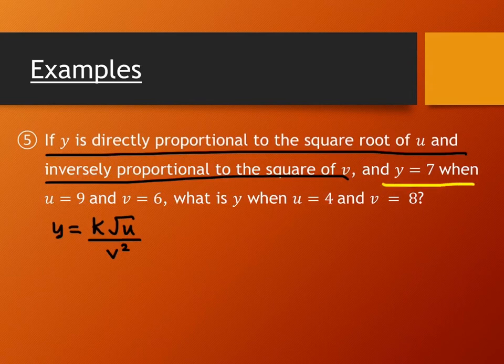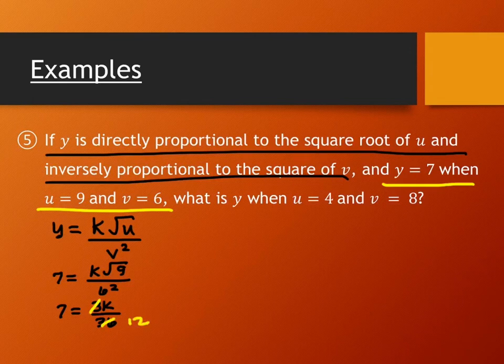Step 2 is to use the second piece of information where it tells us one of these values to solve for k. It says y equals 7 when u equals 9 and v equals 6. So we're just going to simplify some of these things. The square root of 9 is 3, so this is 3k in the numerator. 6 squared is 36, so that's 36 in the denominator. And of course the 3 and the 36 reduce to a 12.